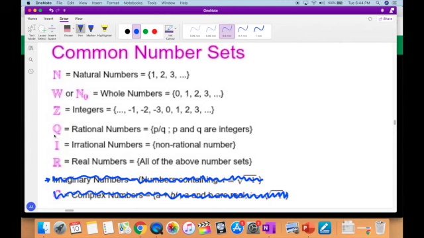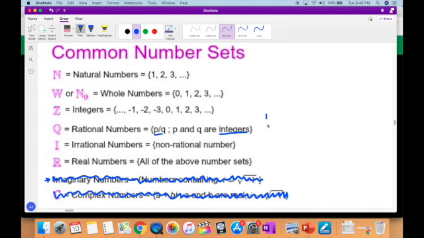Now let's talk about rational numbers. For rational numbers, we have the Q. You have to know all of these symbols by heart. A rational number is when you have two integers and you put one over the next one. So that's a fraction.